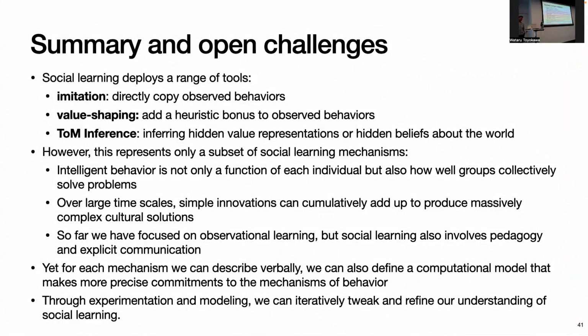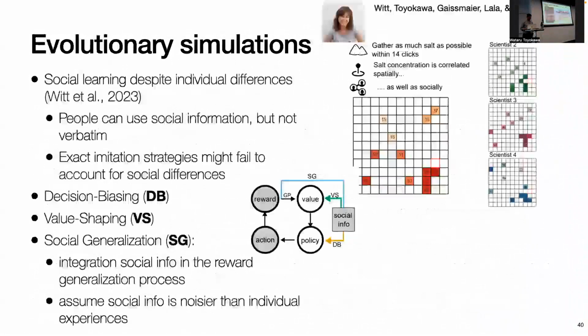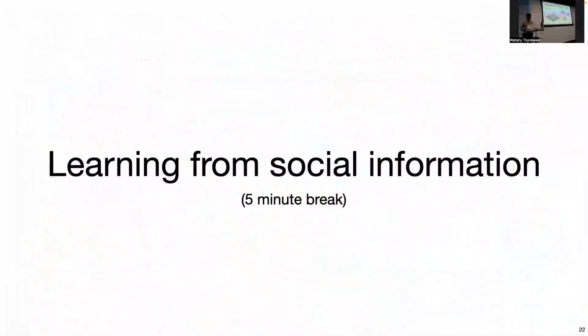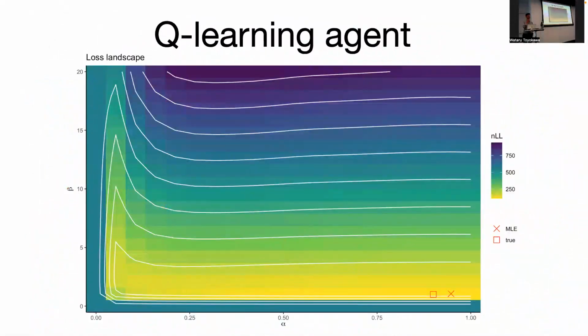Sorry, I have a question, but when you do the maximum likelihood estimation for the alpha and for the other parameters, what kind of data in particular is used, the actions and the algorithm? So what I do is I generate choices, and then I store the choices and the payoffs, right? Because we don't have access to the agent's underlying parameters in an experimental setting, and we don't have access to their Q values, right?